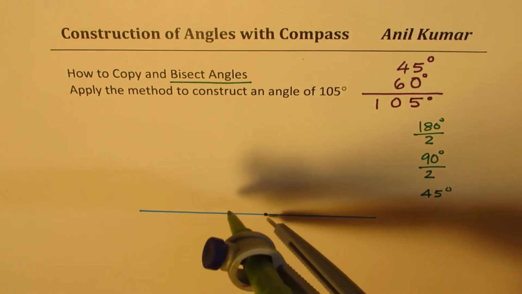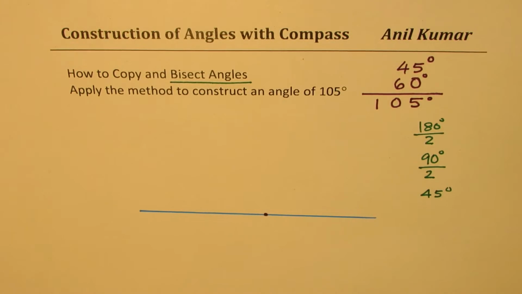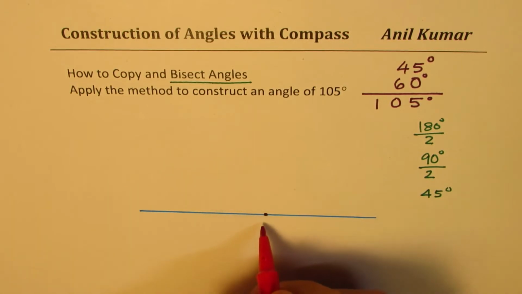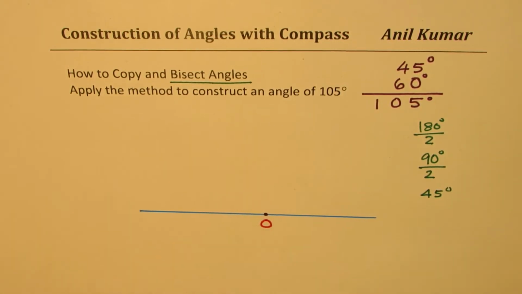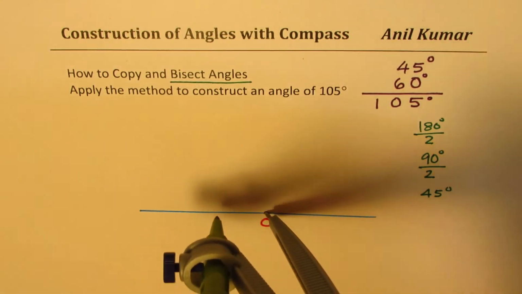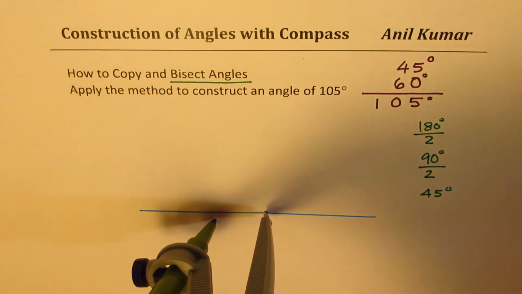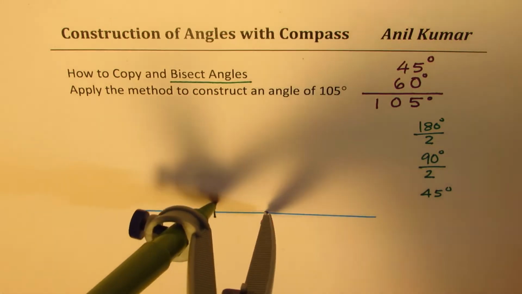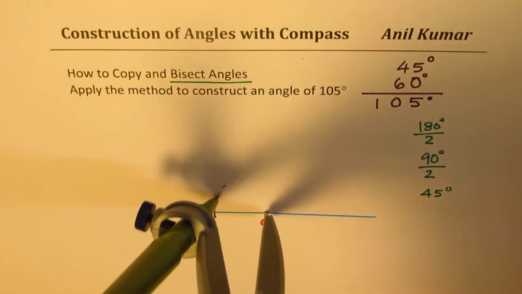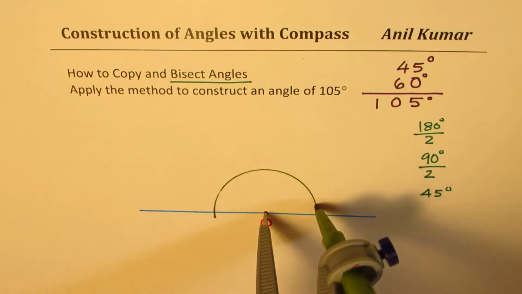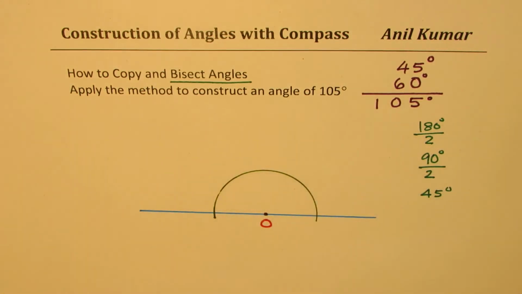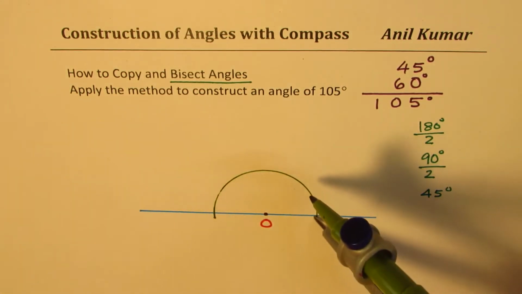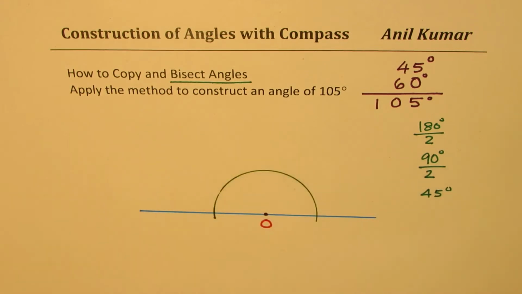So let's see. Step number 1 is mark a point, and let's call this point O, right? Now we'll just make a semicircle. We are only interested in the points which cut this line. We'll use the semicircle later, but we are mainly interested in finding these 2 points which intersect the line.